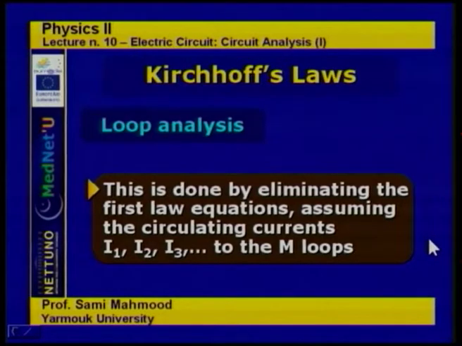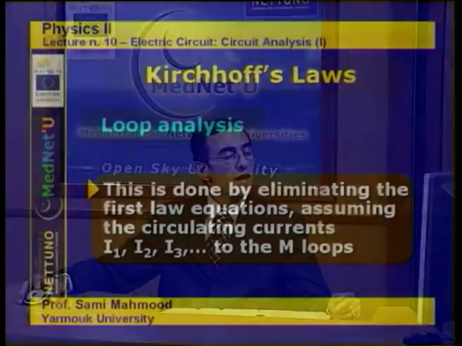And the way to eliminate the first law is that we assume that in each one of the loops, we have a loop current. So we call the loop current I1 for the first loop, and we assume that in the second loop we have current I2 flowing, and in the third loop we have a loop current I3. So we have M loops and so on until we finish all the loops that are necessary from Kirchhoff's second law.